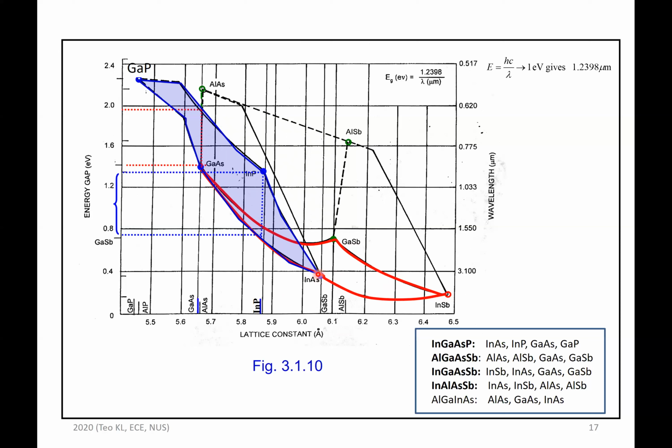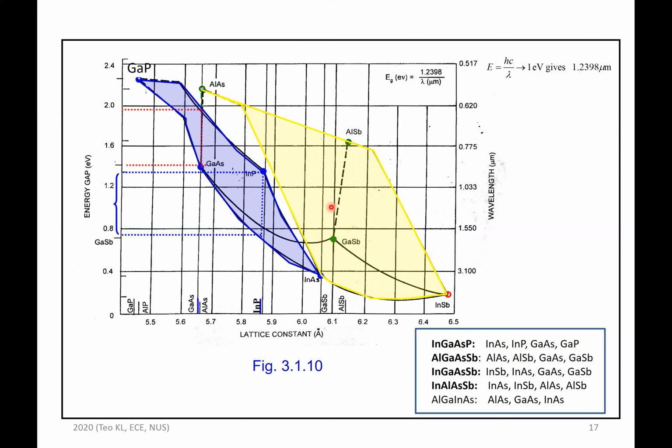So within the red region is my quaternary alloy of indium gallium arsenide antimonide. I can also have the yellow one, from here to here. Anything bounded inside the yellow region is the indium aluminum arsenide antimonide.